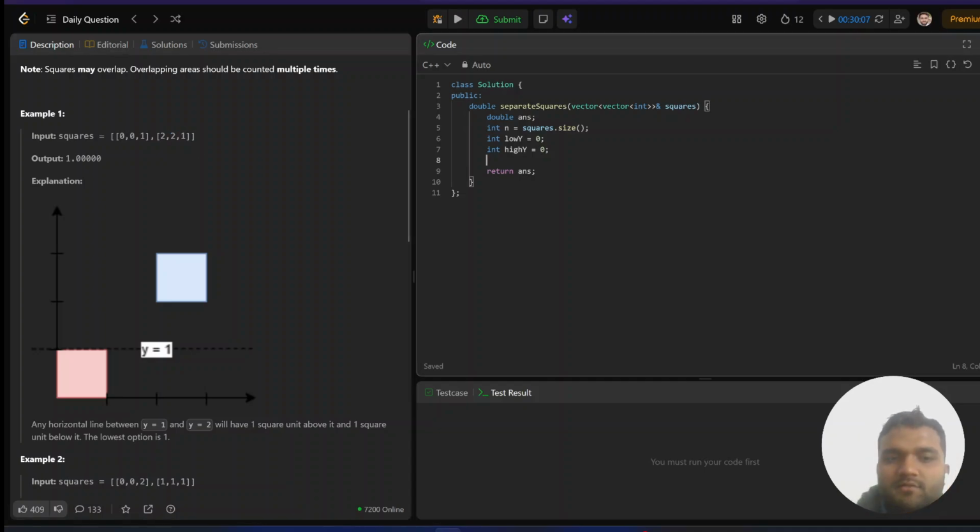Am I correct? Yes. So let me traverse this squares array.